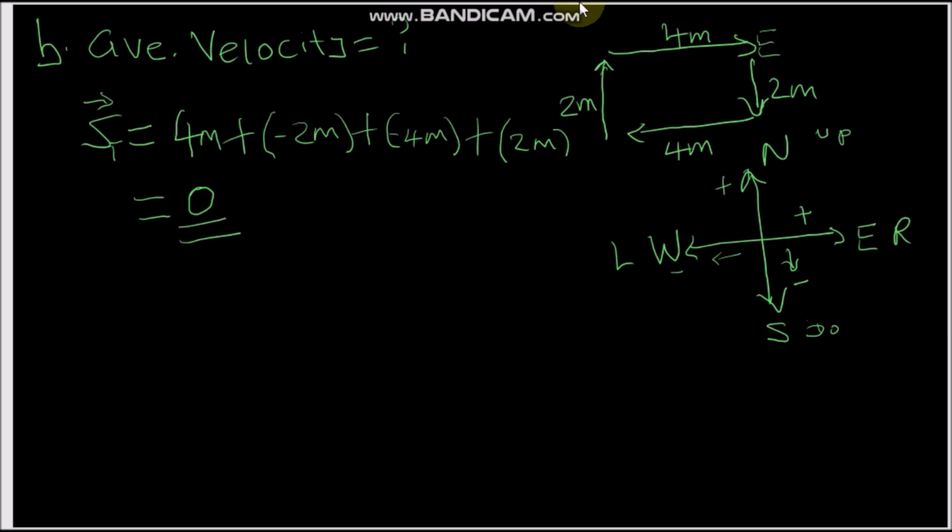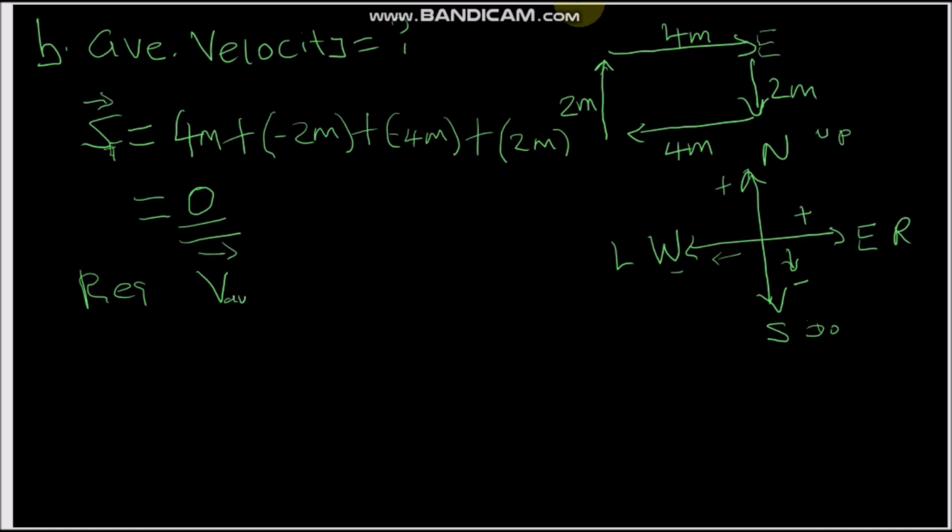In general, when an object goes some distance and returns back to its original position, its displacement is 0. So we have the total displacement equal to 0. You are required the average velocity.